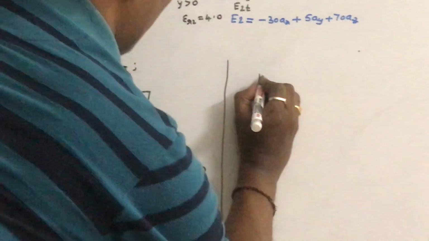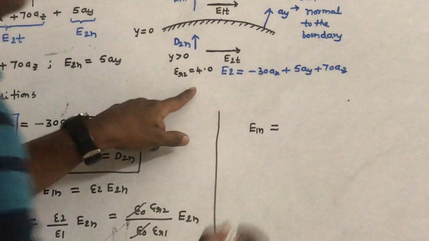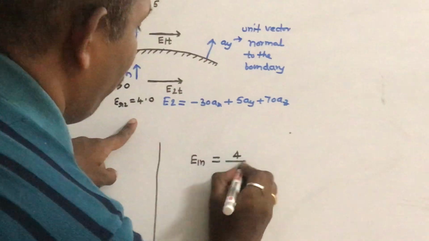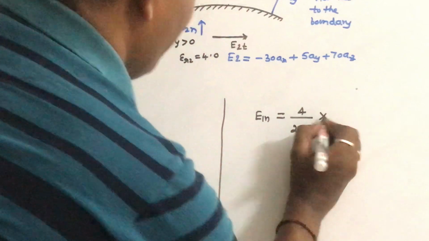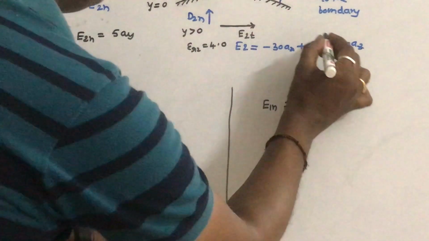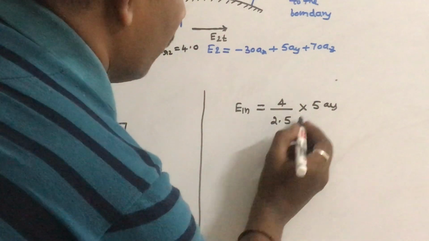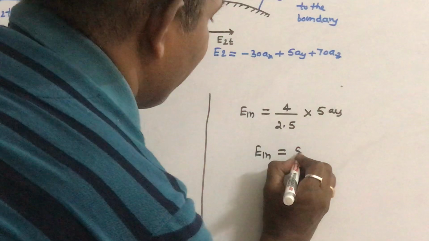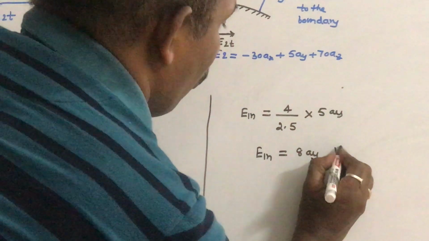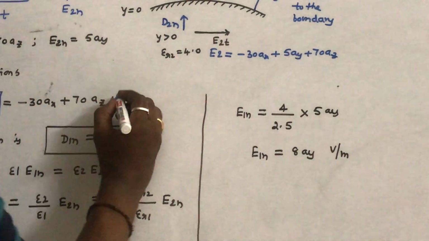Epsilon r2 is 4 and epsilon r1 is 2.5, into E2n, which is 5 ay. From this you can clearly check that E1n is equal to 8 ay volt per meter. This is the E1t answer and this is the E1n answer.